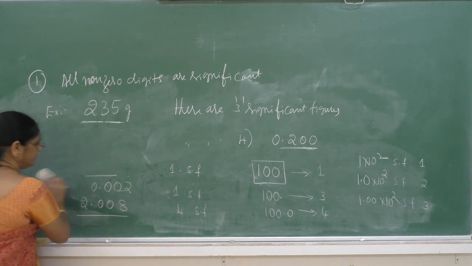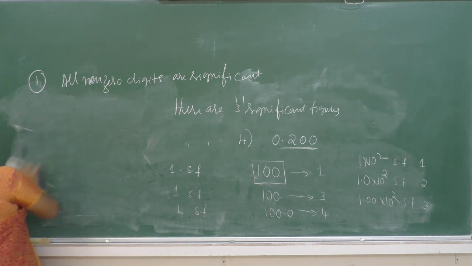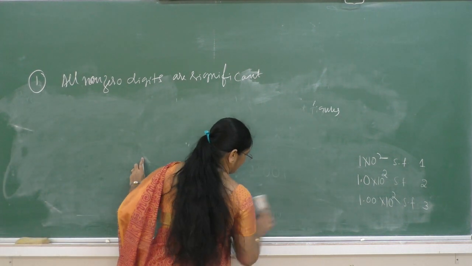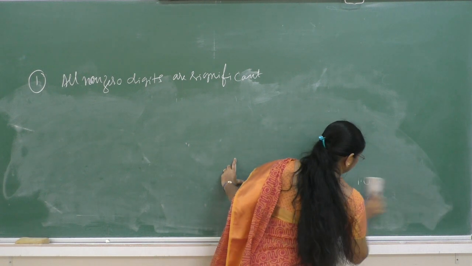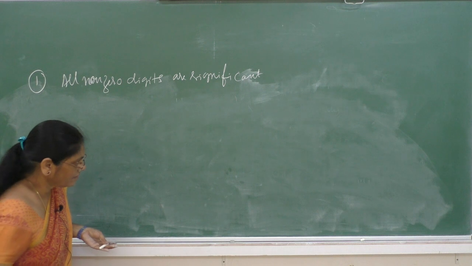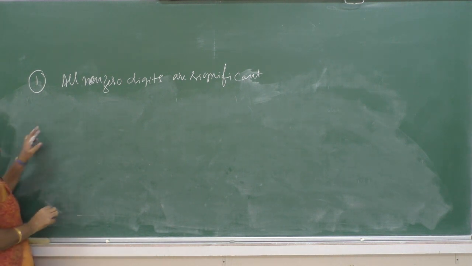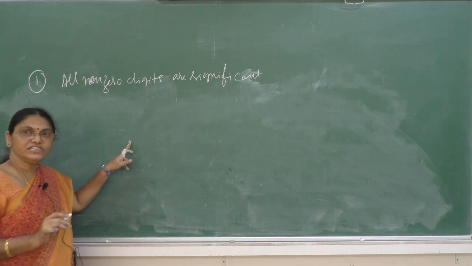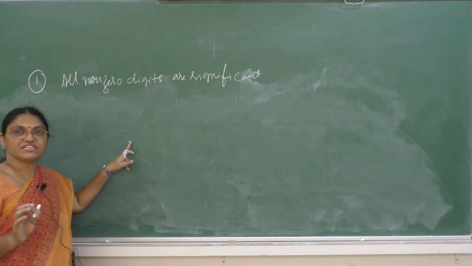Then the last one is numbers written in scientific notation. In numbers written in scientific notation, all the digits are significant.